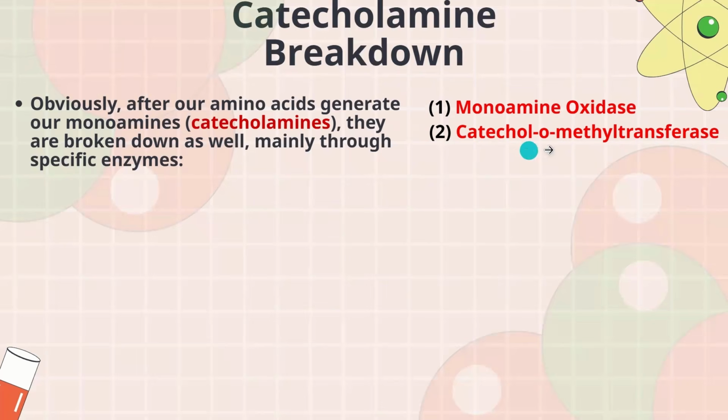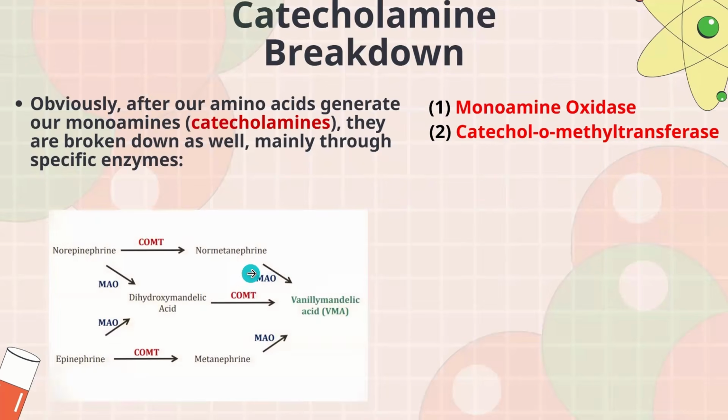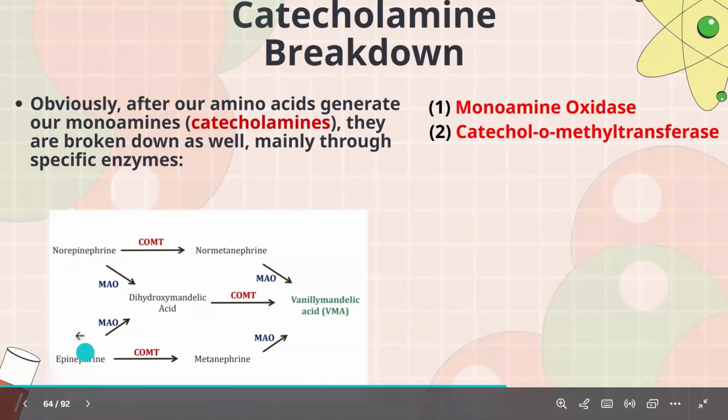So we're going to talk about the different breakdown pathways they take to form it. For starters, here we have the picture. Norepinephrine and epinephrine, through monoamine oxidase, are going to form dihydroxymandelic acid.